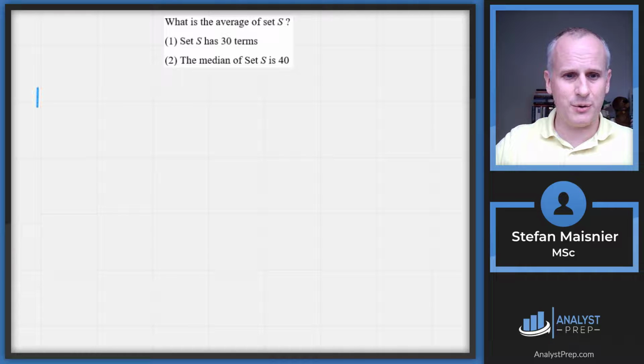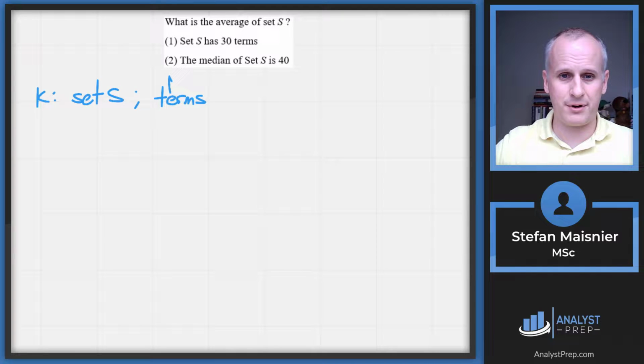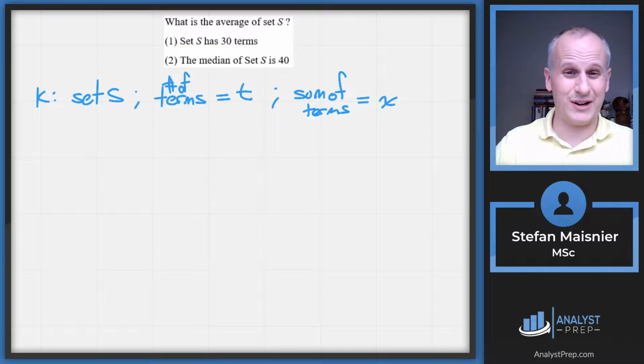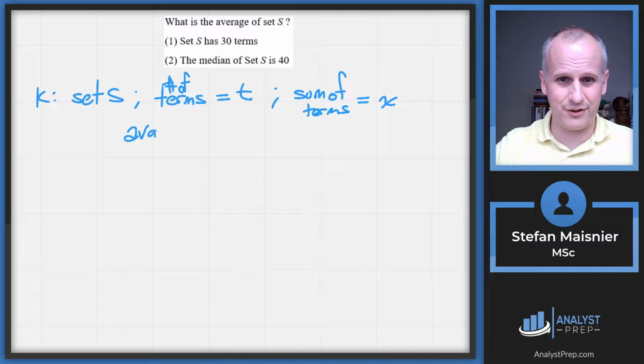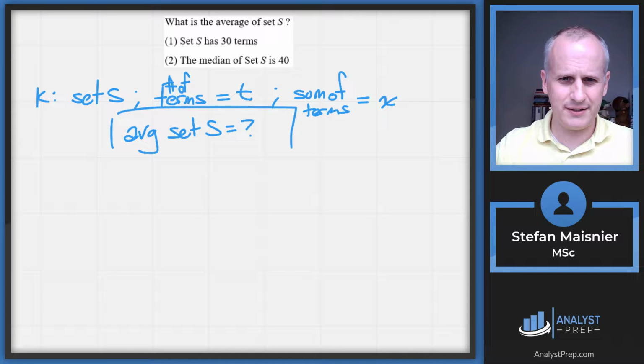So we start out with what we know, and we know that we've got an average and we've got set S. So set S is what we know, and we're going to have the number of terms of set S. We'll just call that T. And we know that the sum of the terms of set S, we're going to just call that X. And right now, I don't really know anything, because what I'm being asked to solve for is the average of set S. So we'll just box that off, as we always do.